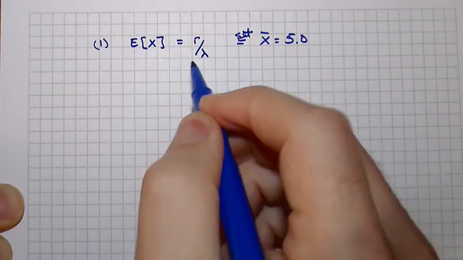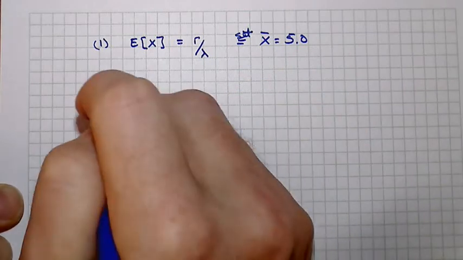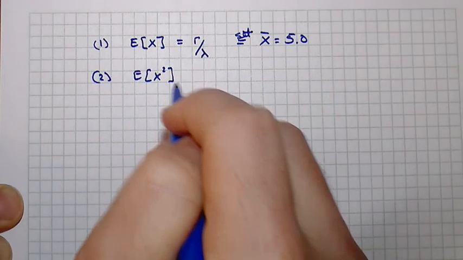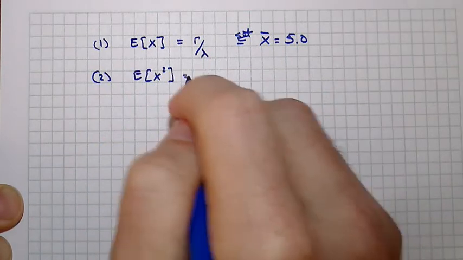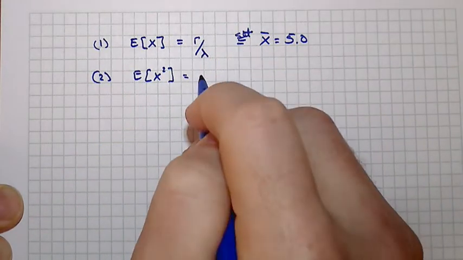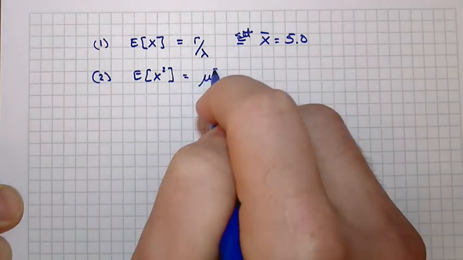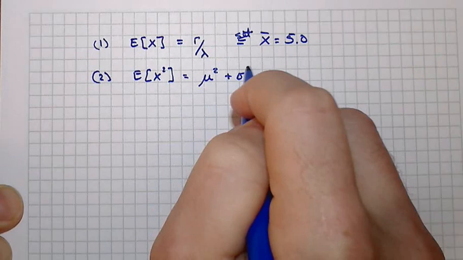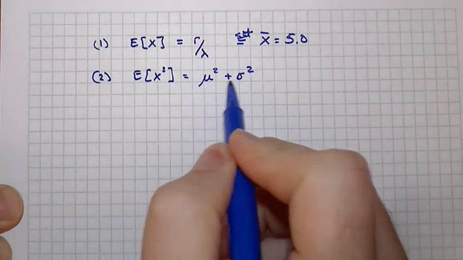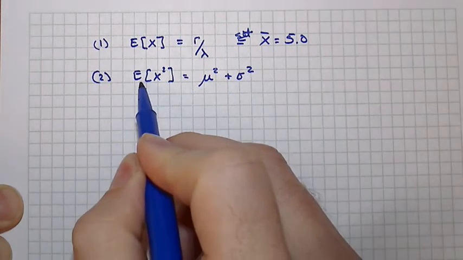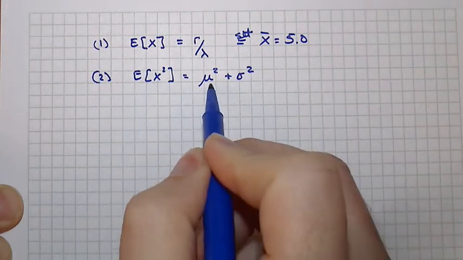Unfortunately, of course, we have two parameters, so two unknowns. We need one more. So let's look at then expected value of x squared. Now remember, that is also equal to mu squared plus the variance. We got that from the variance being equal to the expected value of x squared minus the square of the mean.